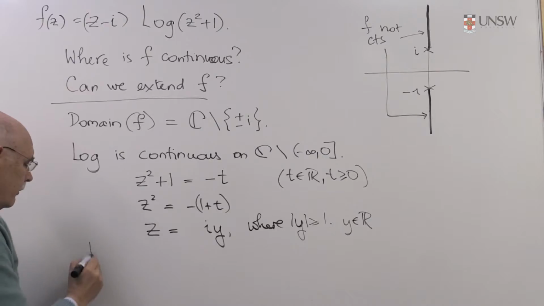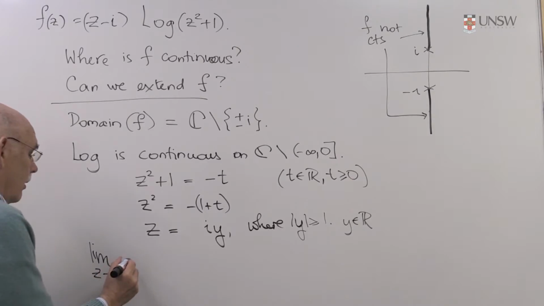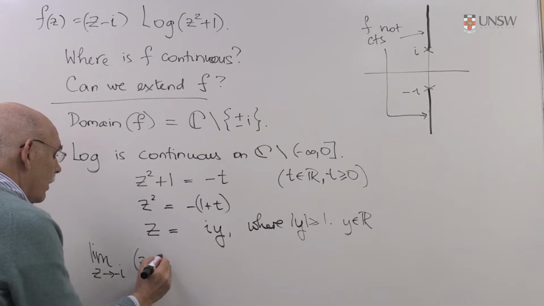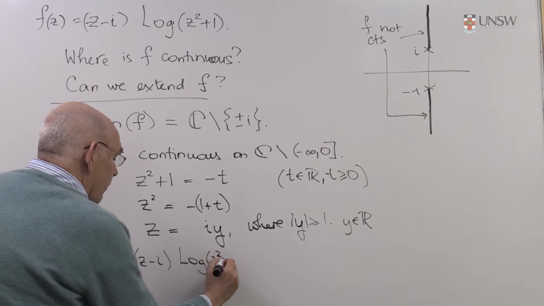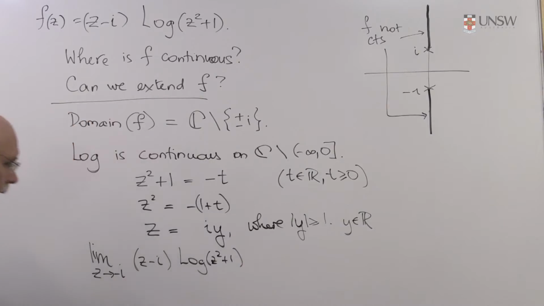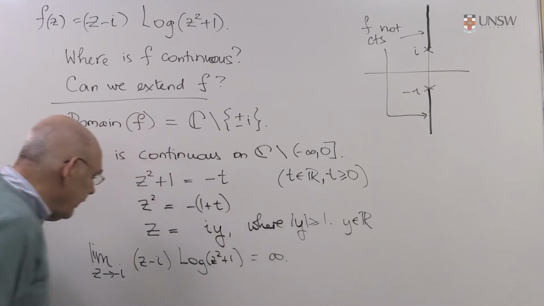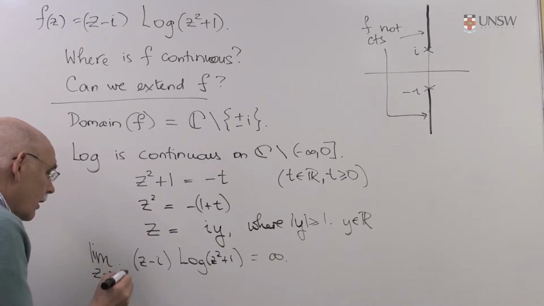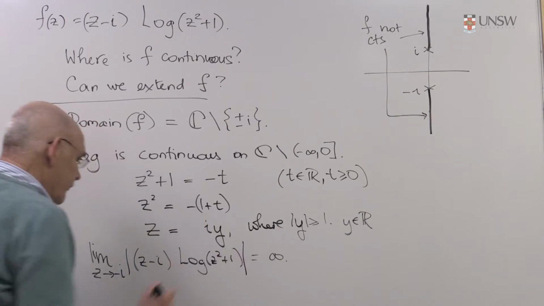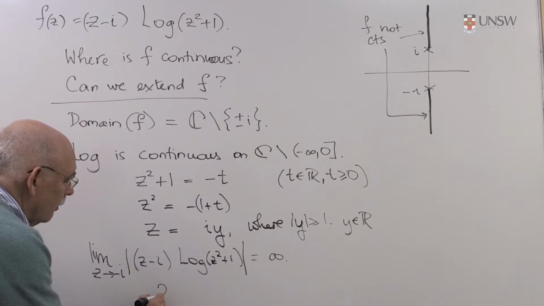Now, the limit as z goes to −i of (z − i) times log of z² + 1 is actually infinite. Why is that? Well, z − i is going to go to −2i. If I take the absolute value of this, then this is going to go to 2.